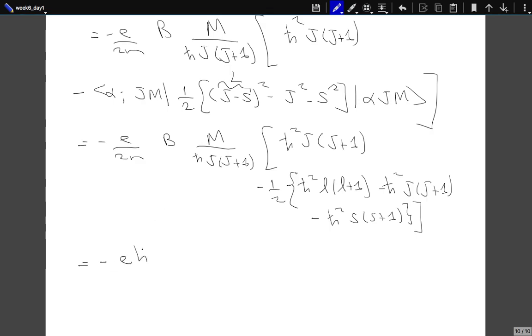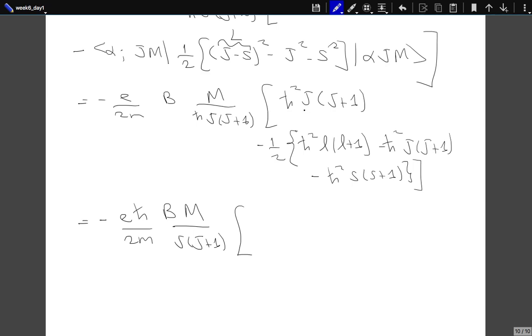What will remain is minus e h bar over 2m, B times m, the z component, divided by j plus 1. Inside, I have 1 j j plus 1 here, but 1/2 j j plus 1 there, so I have 3 over 2 j j plus 1, minus 1 over 2 L plus 1, plus 1 over 2 S plus 1.